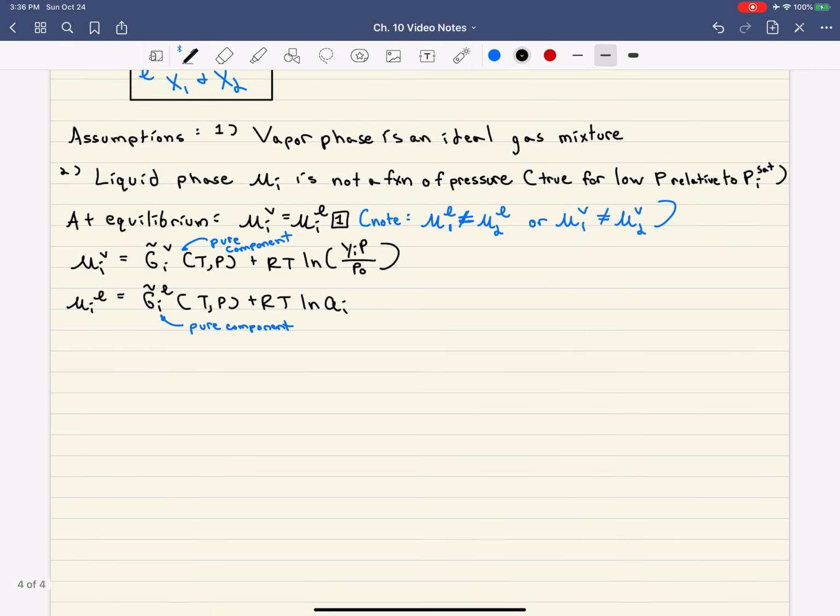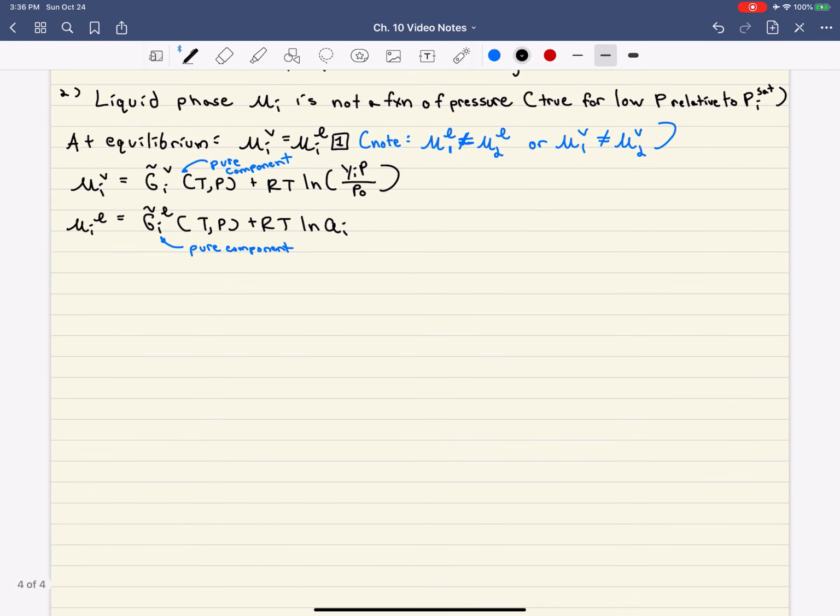Okay. All right. And so at equilibrium, the system has to be in thermal, mechanical, and chemical equilibrium. And so for thermal equilibrium, all the temperatures are the same.